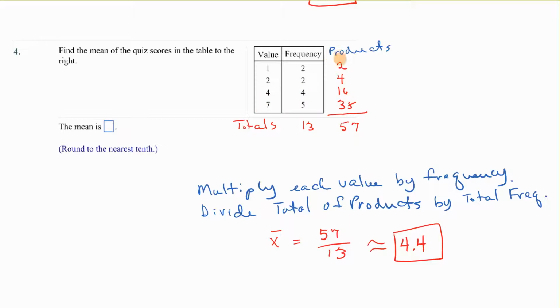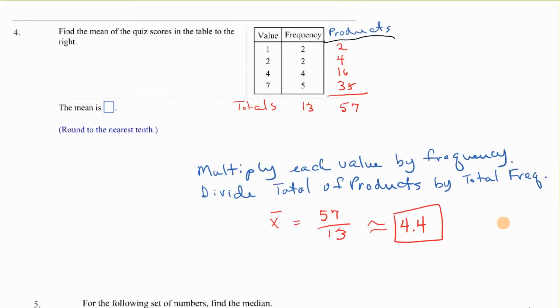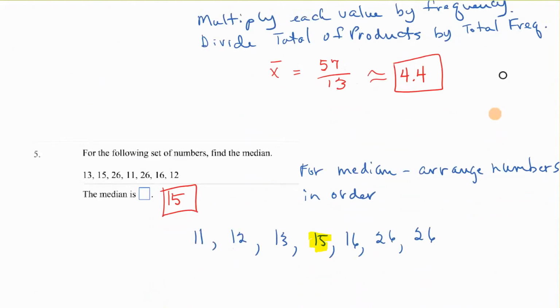And so this becomes another column almost in our table, products, and so total those up, you get 57. Total the frequencies, you get 13. The mean is now 57 divided by 13, which is 4.4. So that's how we'll do that if you're given the value and the frequency like that.